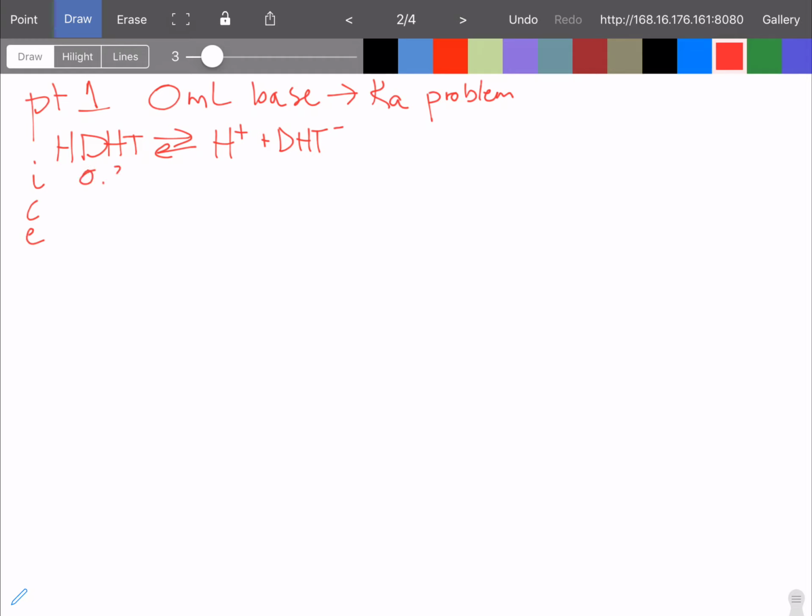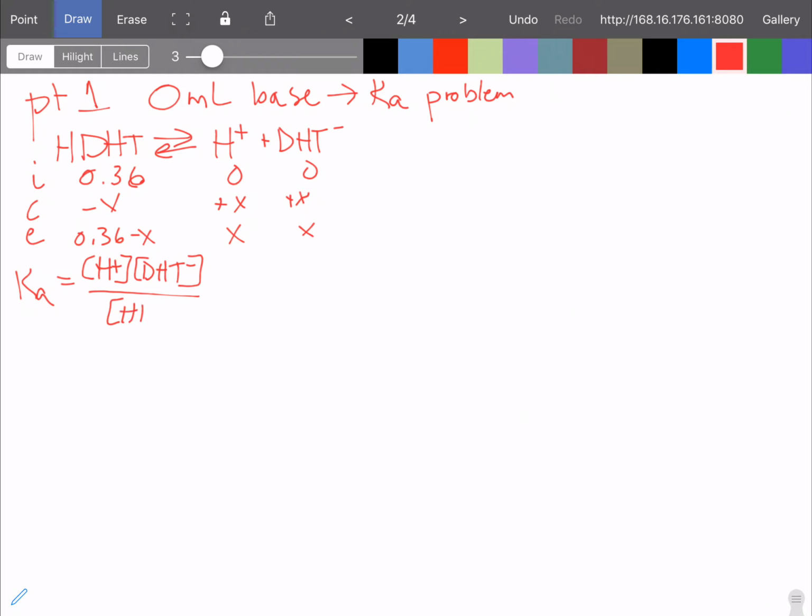Our initial concentration is 0.3600, then minus X, plus X, plus X, giving 0.36 minus X, X, and X. So our Ka is equal to H plus times DHT minus divided by HDHT, which is equal to my Ka value, 1.20 times 10 to the minus 2, equal to x squared over 0.36 minus x.